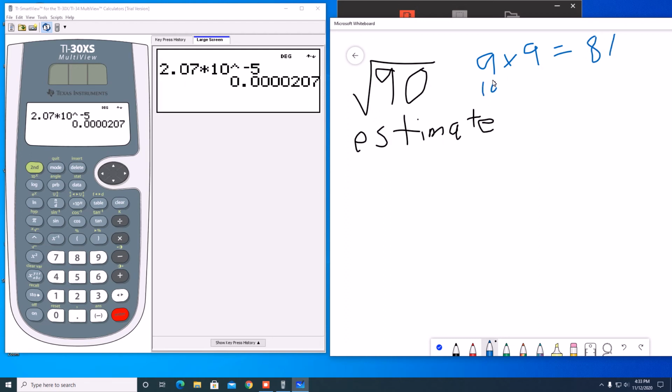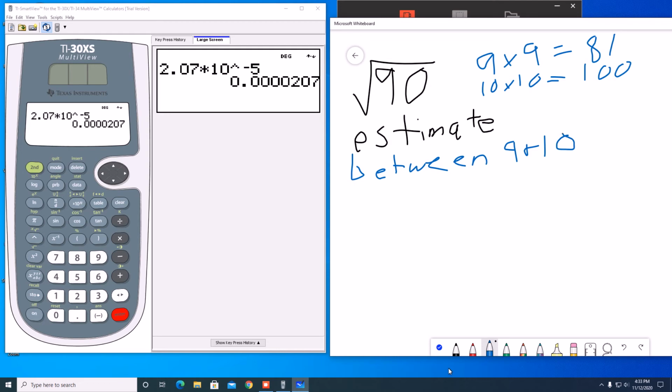And I know that 10 times 10 gives me 100. So I know that the square root of 90 is somewhere between 9 and 10. So it's somewhere between these two.